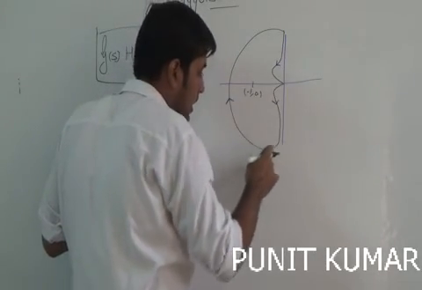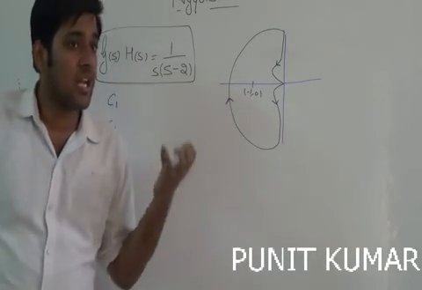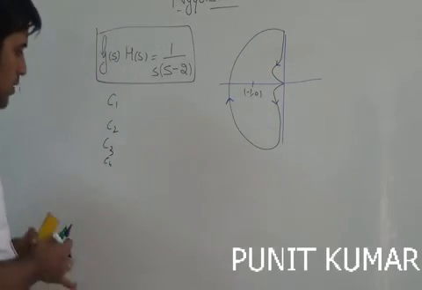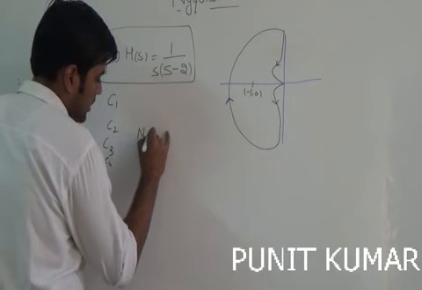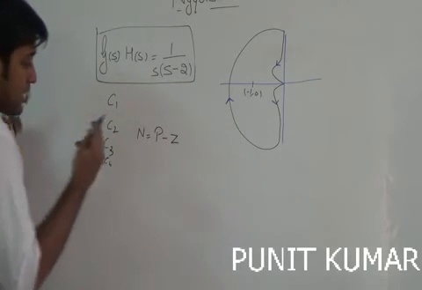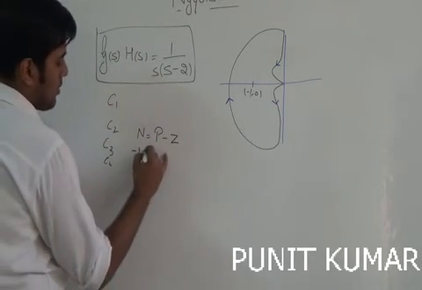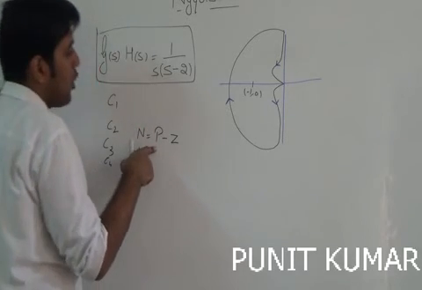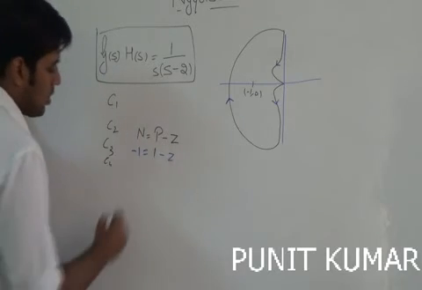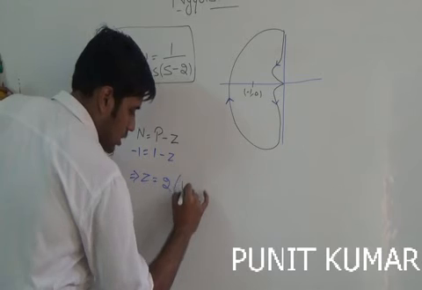Clockwise direction. -1, 0 is encircled once in clockwise direction, and N is equal to P minus Z. N is -1, clockwise, minus number of poles in open loop transfer function in right hand side, 1 minus Z. Z comes out to be 2. So unstable.